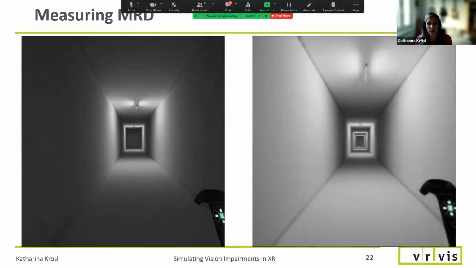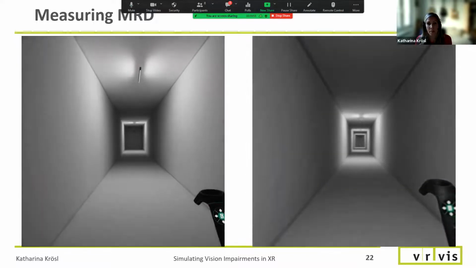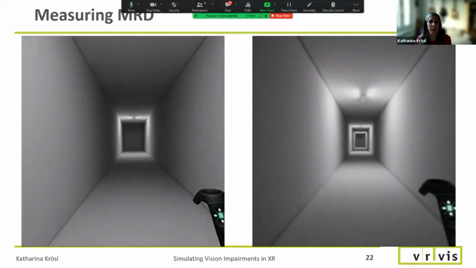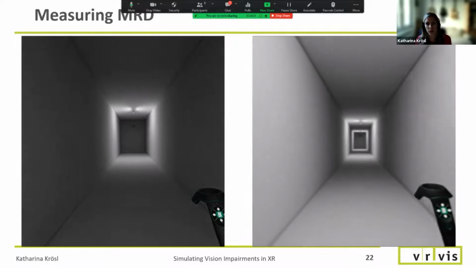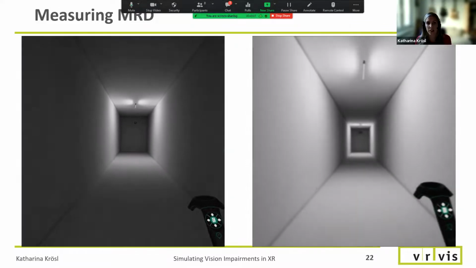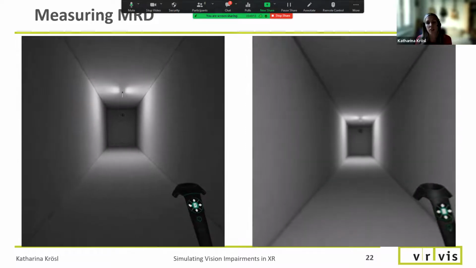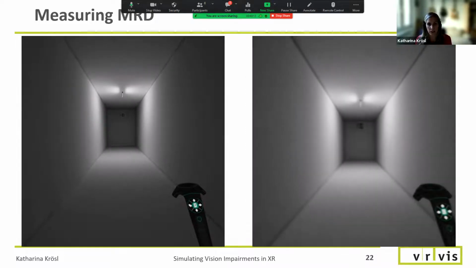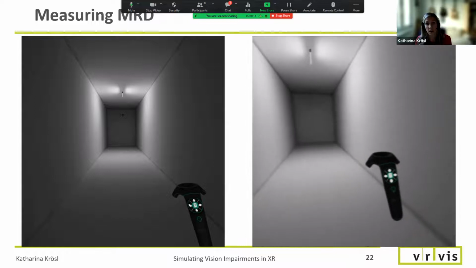We measured the maximum recognition distances by placing the user at the beginning of a 40-meter long virtual corridor. And this corridor had an escape route sign at the far end, and we then asked users to advance in the direction of the sign, and as soon as they could recognize its label, they could indicate the recognized direction by pressing on the corresponding direction of the touchpad on the Vive controller.